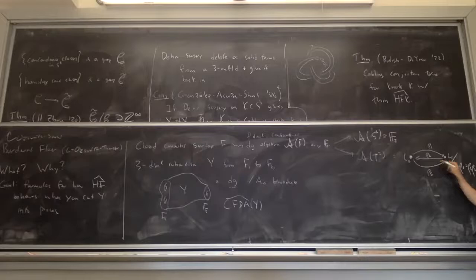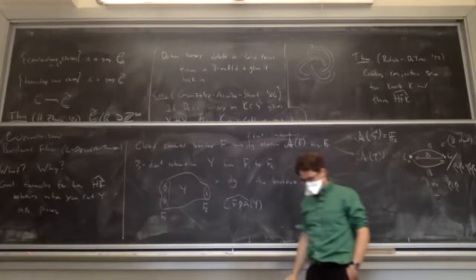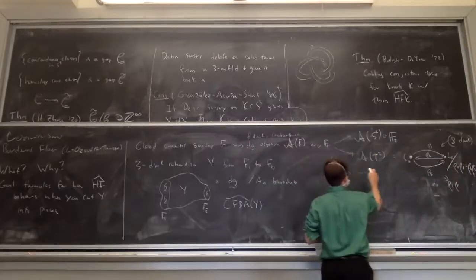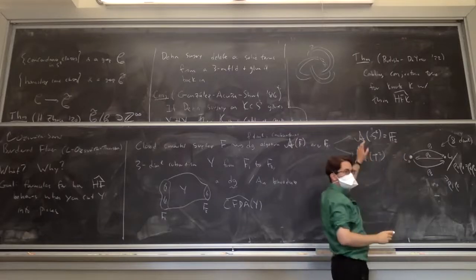Elements are paths here, except that if you see rho 2, rho 1 in your path, you have 0. If you see rho 3, rho 2, you have 0. So this is 8-dimensional. So for example, rho 1, rho 2 is an element of that algebra. The differential is 0 in both of these cases. So there's no differential in either of those cases.